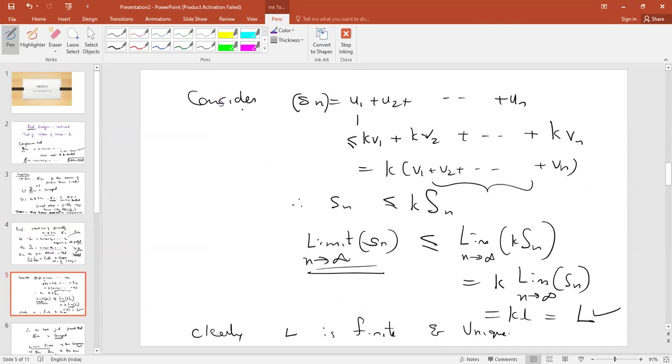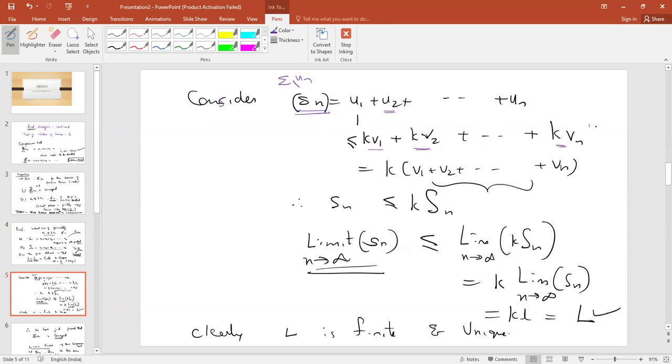I'm considering this small sn. Please remember this is small sn, corresponding to summation un, so it is u1 plus u2 up to un. Now u1 is less than or equal to k v1, u2 is less than or equal to k v2, and so on up to un. So we can say this whole partial sum is less than or equal to the corresponding terms of vn.